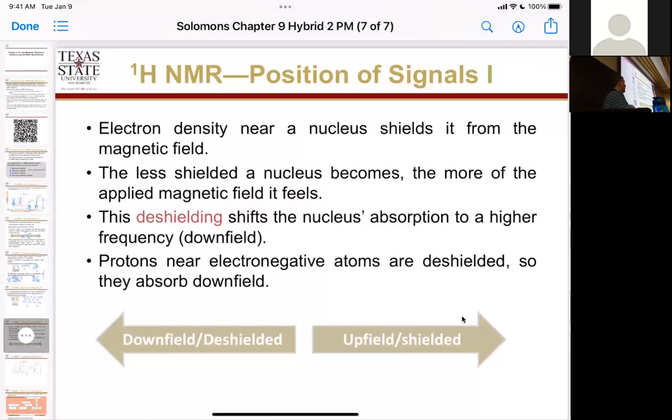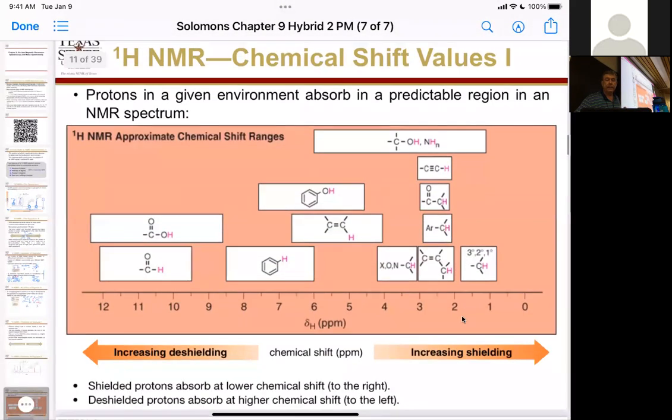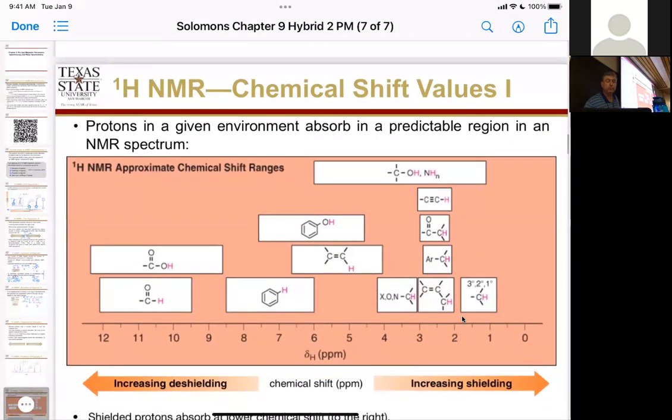Things that are acidic are going to be moving downfield because they're going to be less shielded. So the protons near electronegative atoms are de-shielded and therefore absorbed downfield. So that means you don't even have to memorize the numbers. You can if you want. They're in the book. There's a big table. Okay, but I want you to look at the chemical shifts this way.